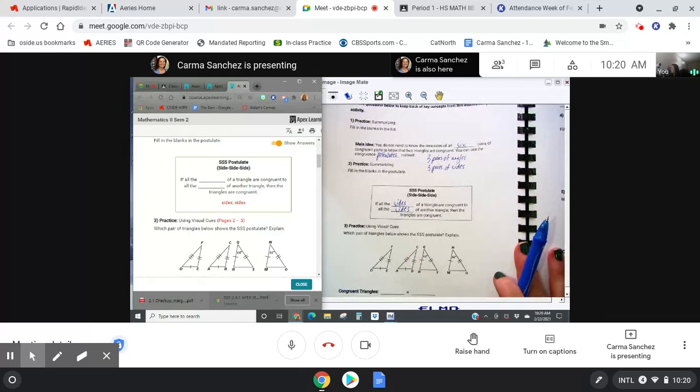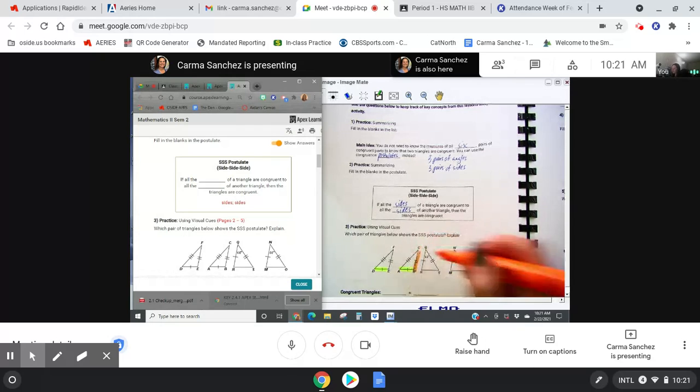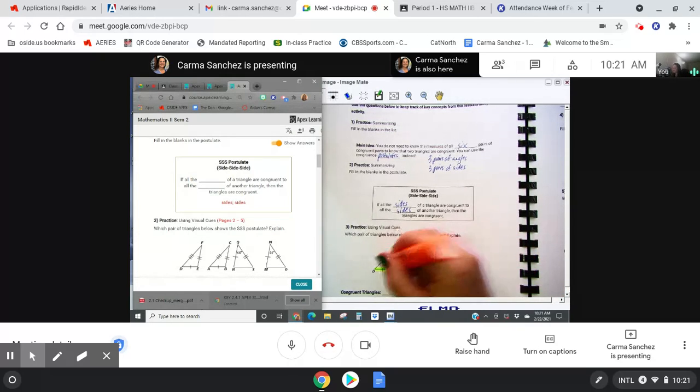Which pair of triangles below shows the side postulate? So these little markings have to do with which sides are congruent. For example, AB is congruent to ED. Also, see the little markings of 2 over here. BC and EF both have the markings of 2.